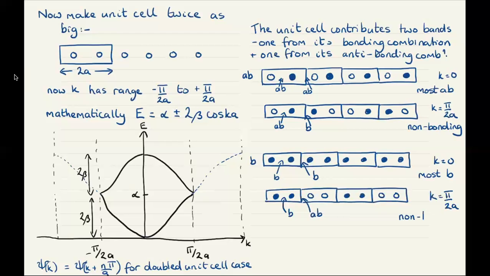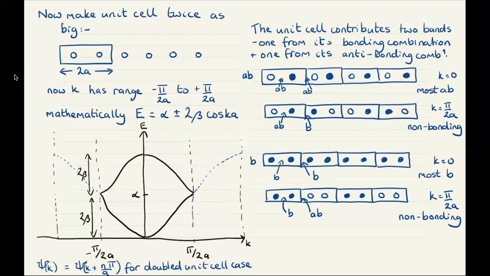And so it's non-bonding, and it has the same energy as the orbital that was antibonding within the unit cell at K is equal to pi over 2a. And so we can understand intuitively this degeneracy at pi over 2a. Okay, so that was a review.